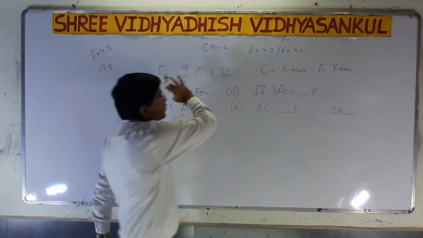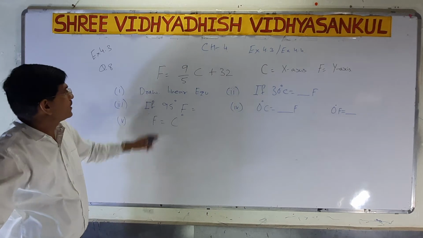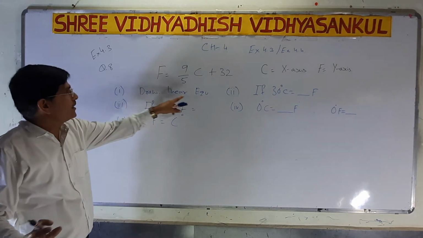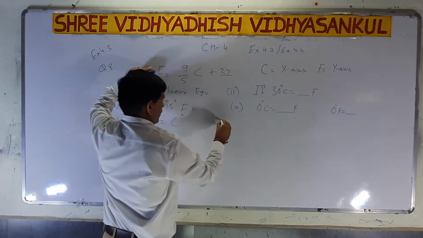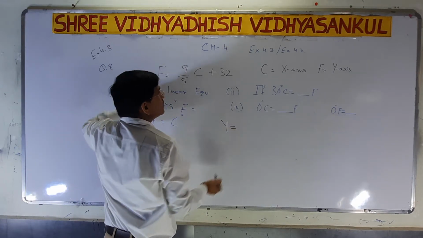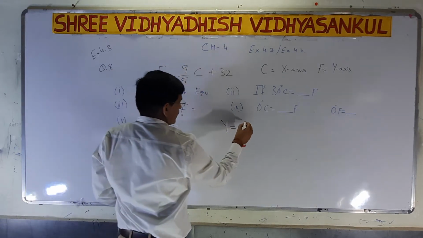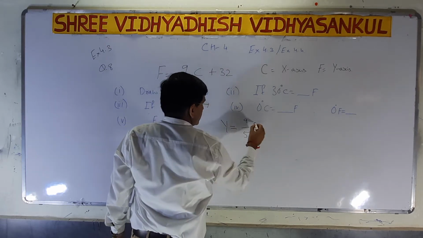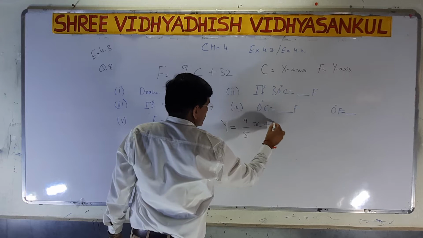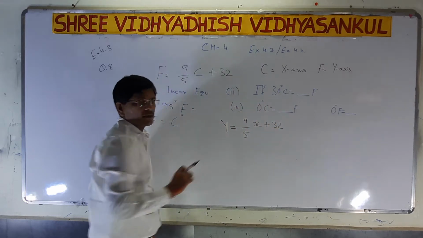Now if I want to convert this equation into a linear equation, what do I write? y is equal to 9 by 5 x plus 32.